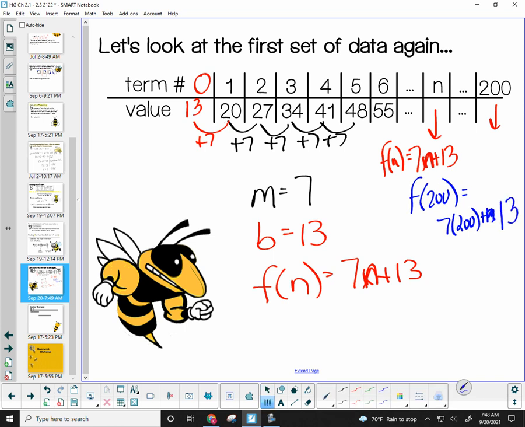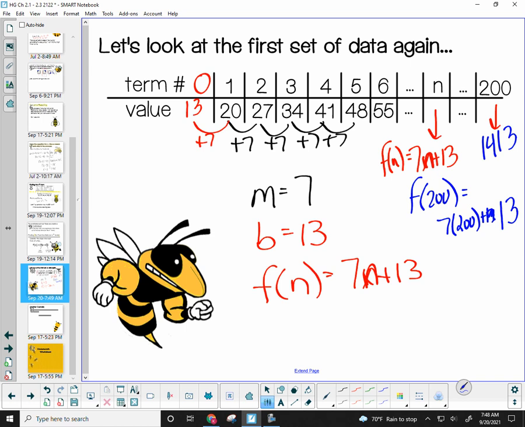So 7 times 200 gives me 1,400. Add 13 more, so it's 1,413. Does this look all familiar to you? Except for maybe calling it the nth term? Yes? No one's confused?